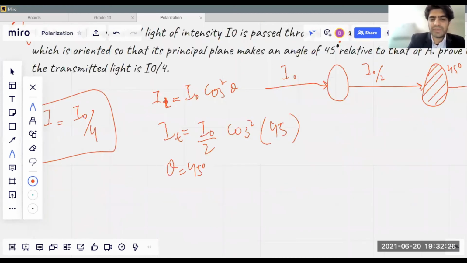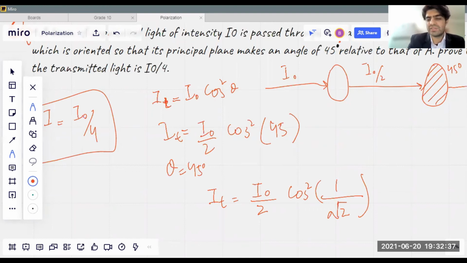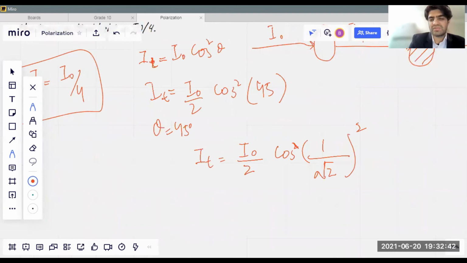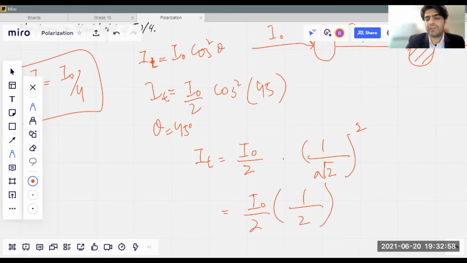So your cos 45 is 1 over root 2, and I T is I naught upon 2 times cos square of 45 degrees. When we complete the square, it becomes I naught upon 2 into 1 over 2, which gives a value of I naught upon 4.